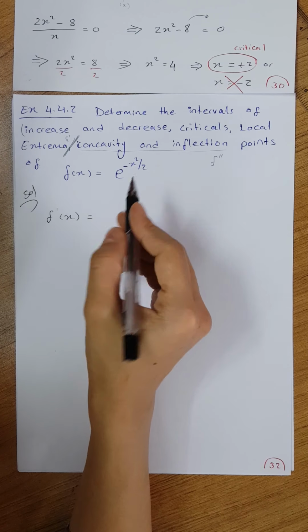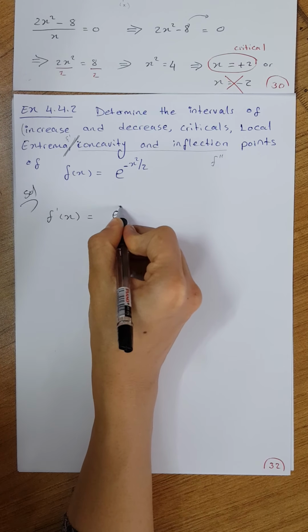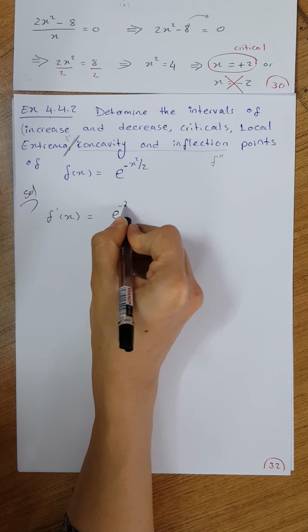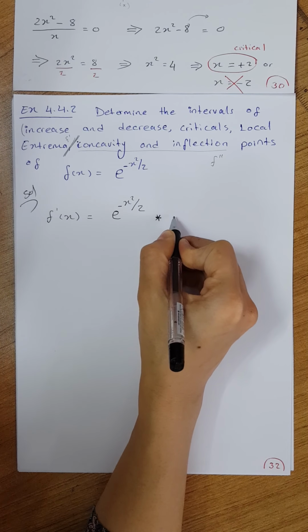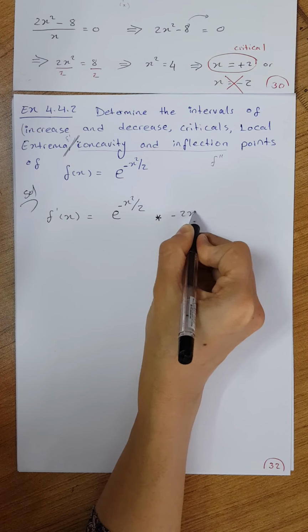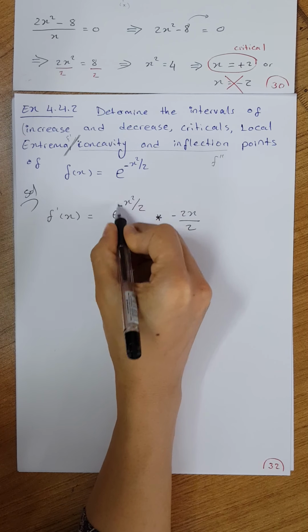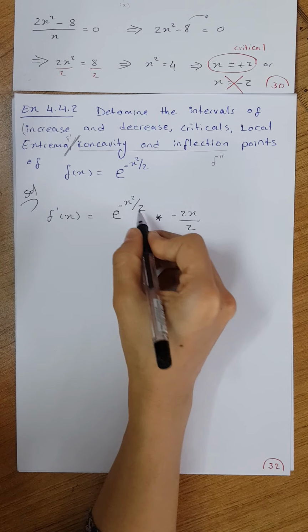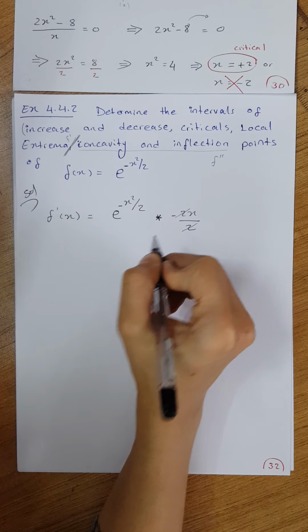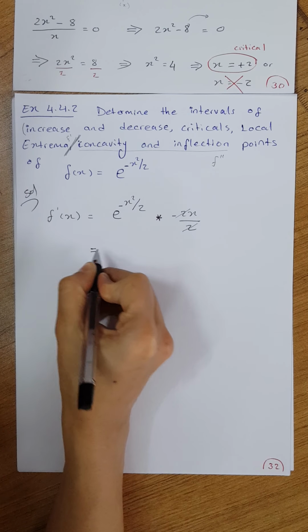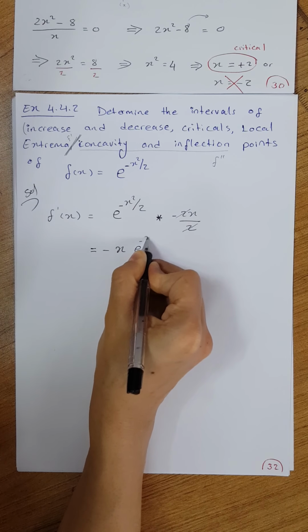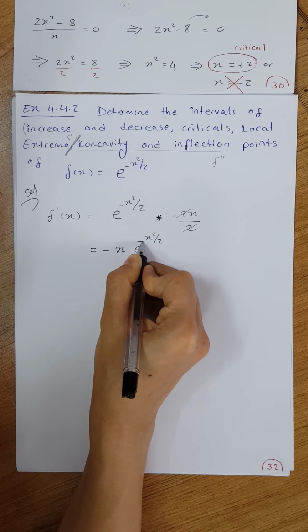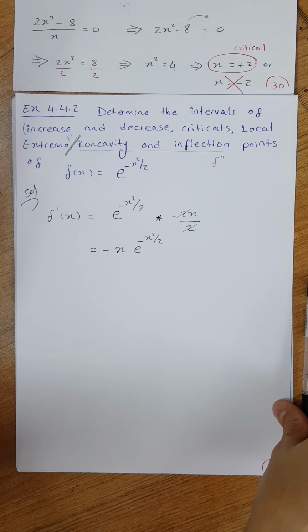We know that an exponential function is equal to itself multiplied with the derivative of the power. What is the derivative of that power? That's equal to minus 2x over 2, because the derivative of this one is minus 2x, and we have the 2 down here. So these two will cancel each other. What is the derivative? That's equal to minus x e to the power of minus x squared over 2. And that is the first derivative of the function.